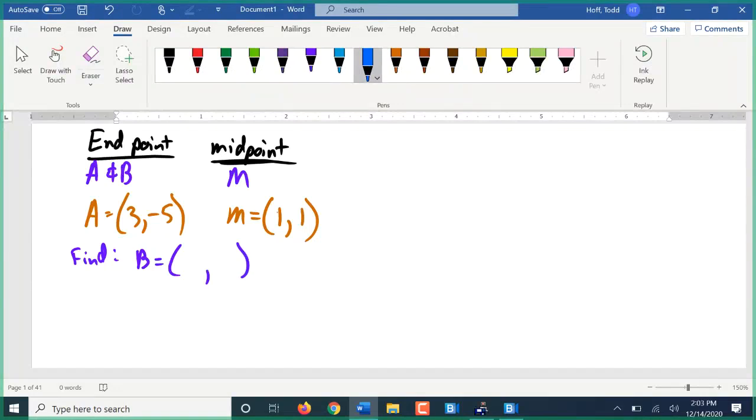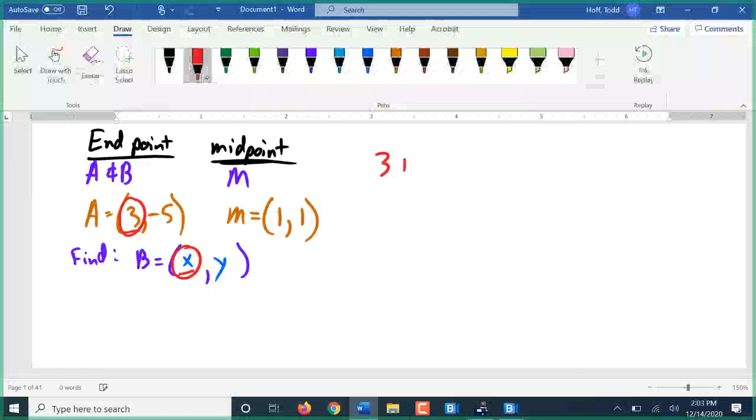Well, we use that midpoint formula. I'm going to label point B for now just x and y. I know that to find the coordinate of the midpoint for x, I take the two x coordinates, 3 and x in this case, I add them together and divide by 2. So 3 plus x divided by 2 equals the x coordinate of the midpoint, which is 1.